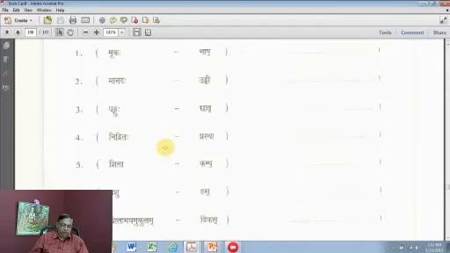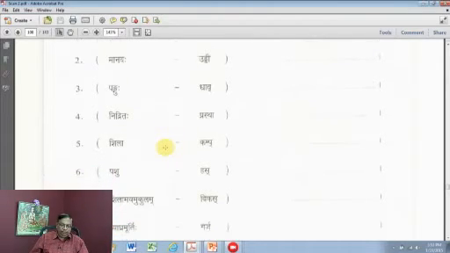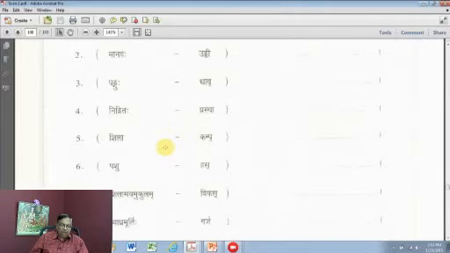Isn't it? So, five. Shilaya na kampyate. Very simple. How do we understand? Sila na kampate. Meaning is that a rock doesn't shake. Sila na kampate iti arthaha.